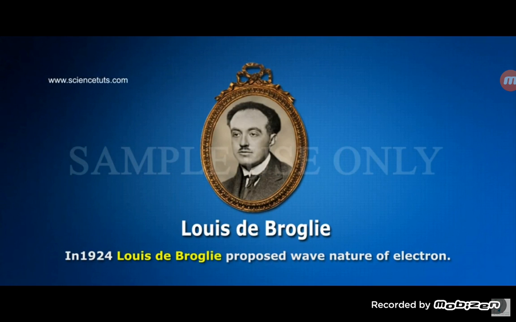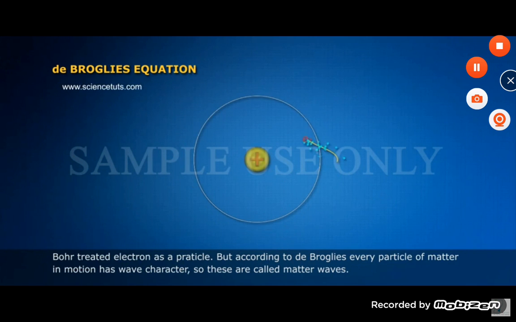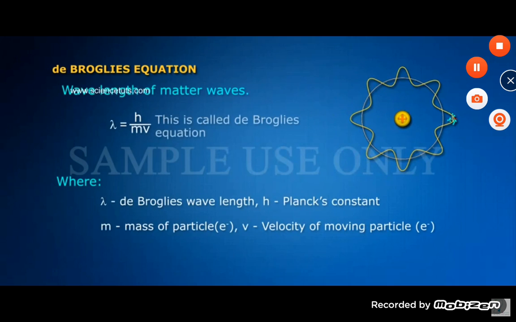Wave nature of electron. In 1924, Louis de Broglie proposed the wave nature of electron. De Broglie's equation. Bohr treated electron as a particle. But according to de Broglie, every particle of matter in motion has wave character. So these are called matter waves.